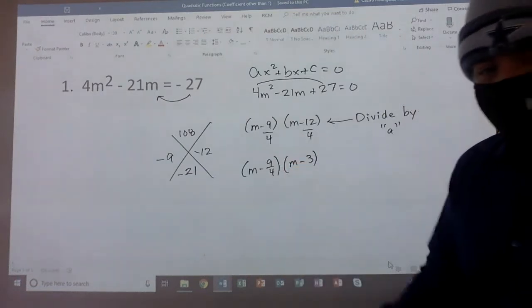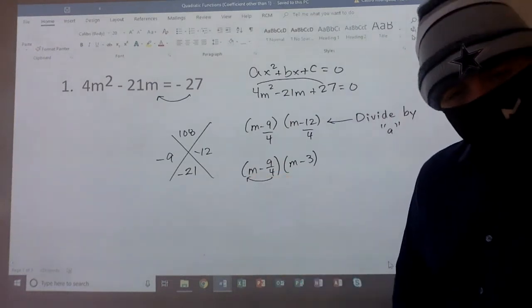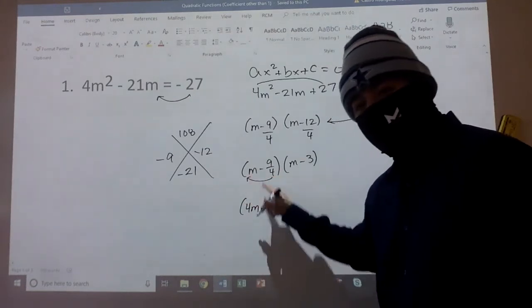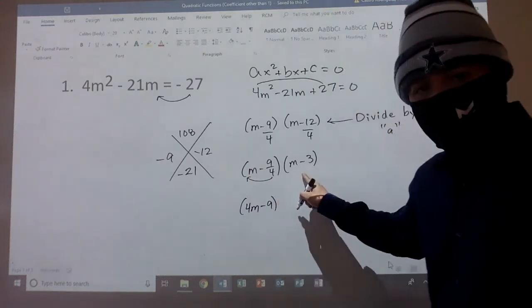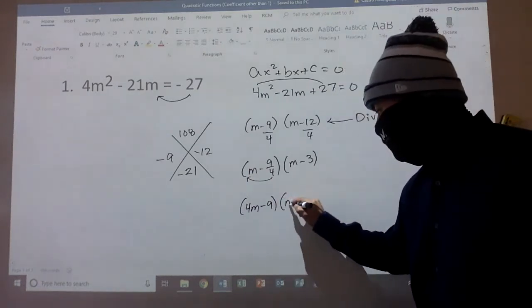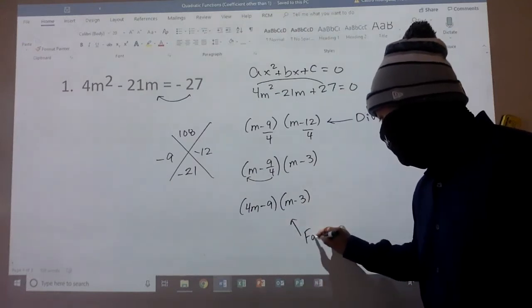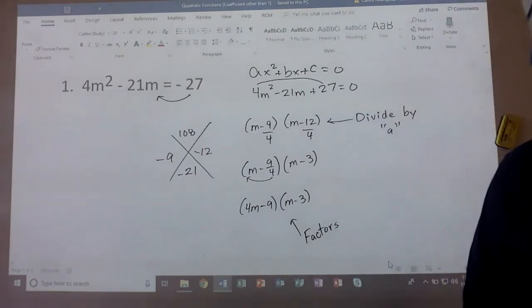When it cannot be simplified, the number in the bottom moves forward. So my factors are 4m minus the 9 that's on the top. And the other factor is just this one comes down.